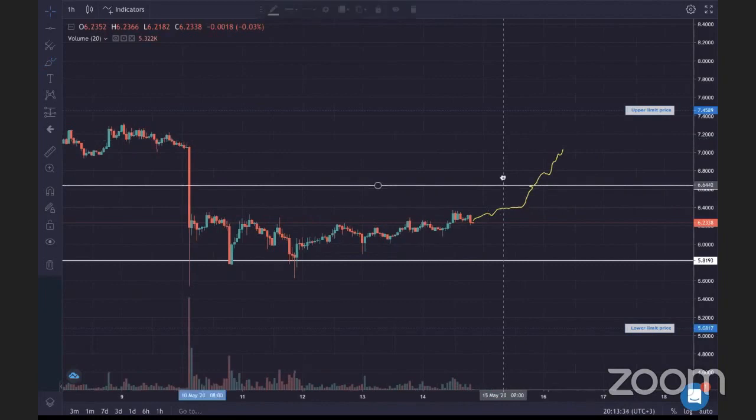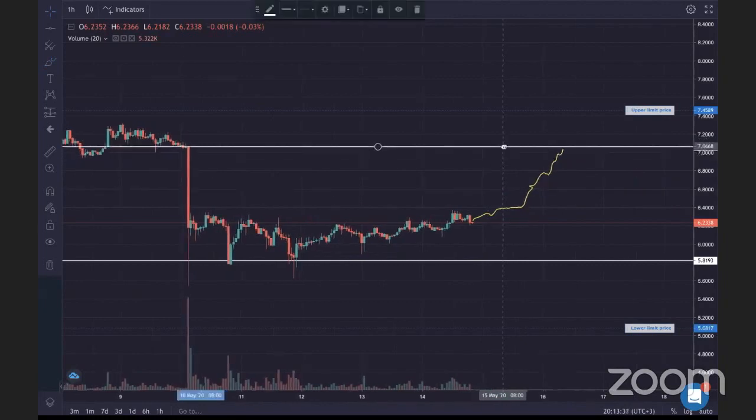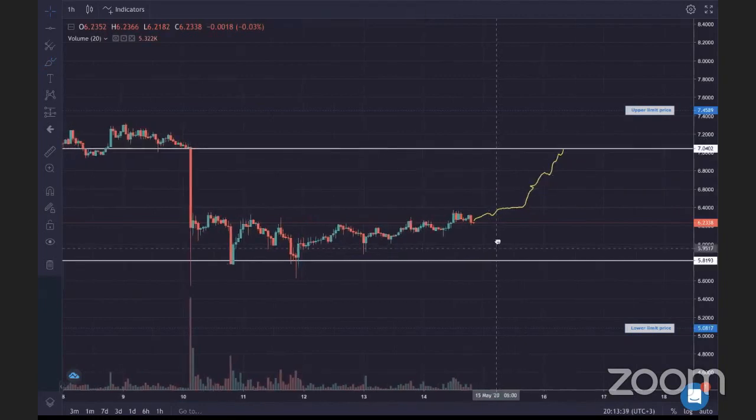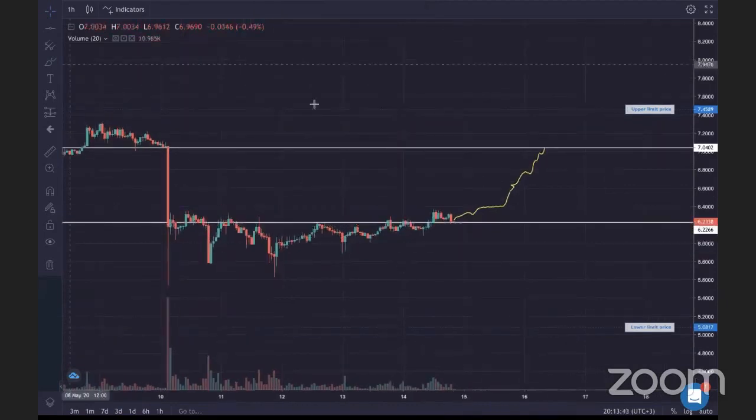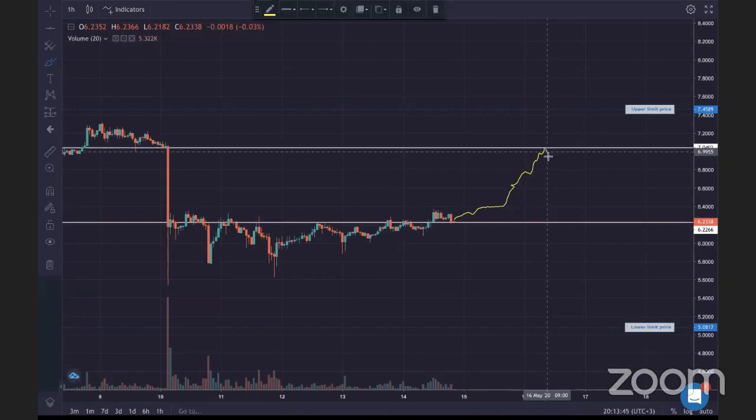It's gonna move together with the price. But if the price then depreciates and it breaks the bottom limit, nothing is gonna happen with your trading range. It's gonna stay where it stayed the last time the price appreciated.